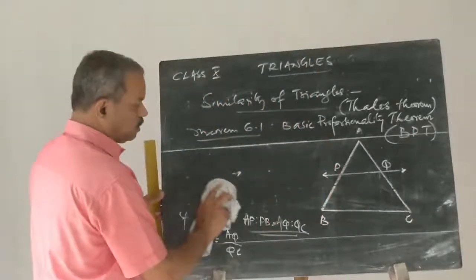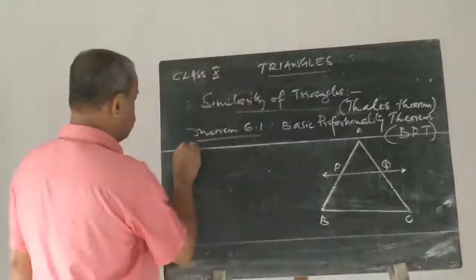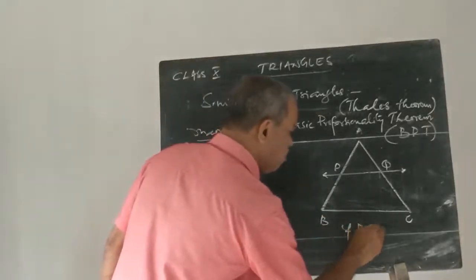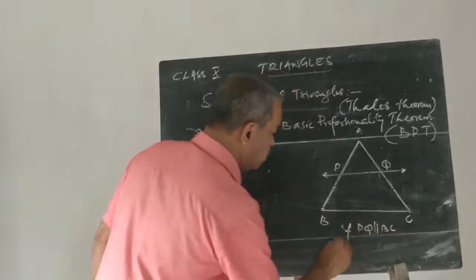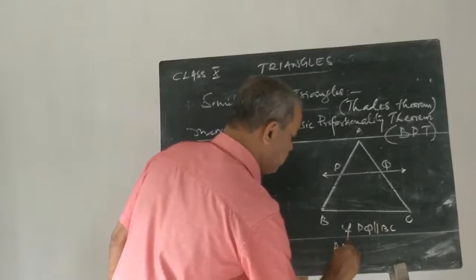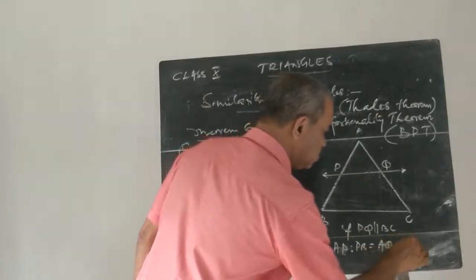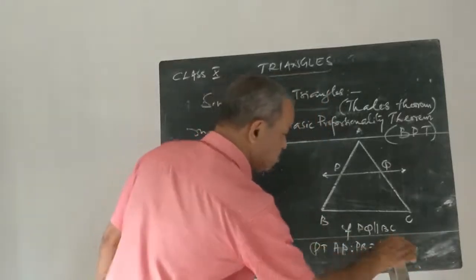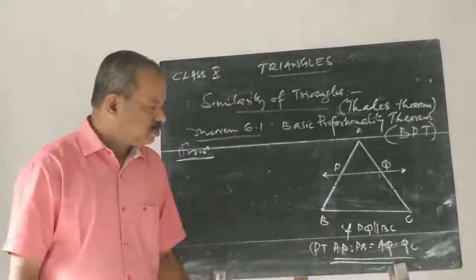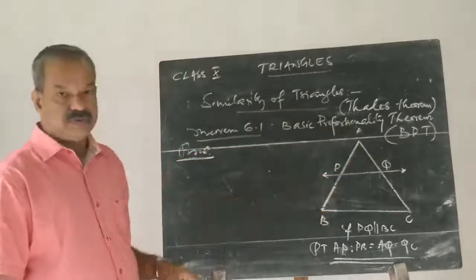We want to show that if PQ is parallel to BC, then AP is to PB is equal to AQ is to QC. This is what we want to prove.